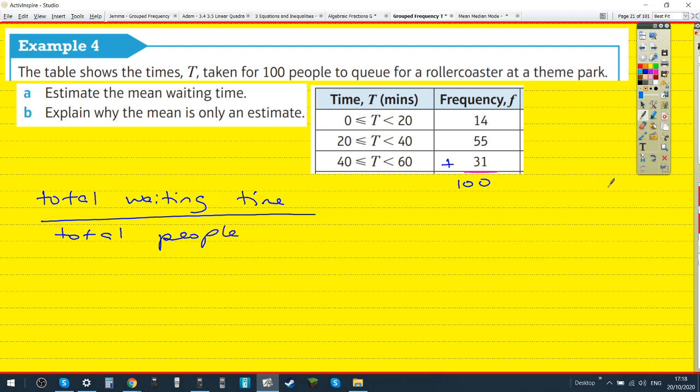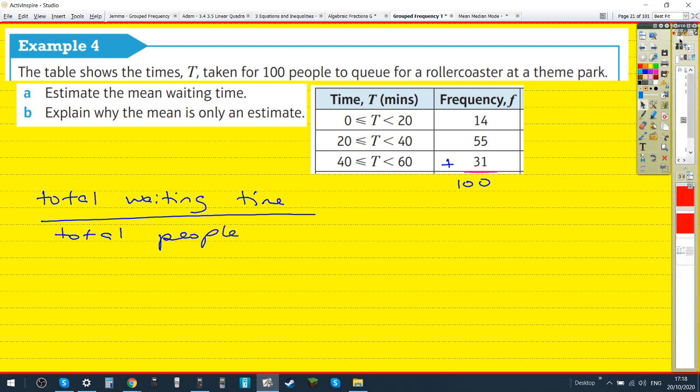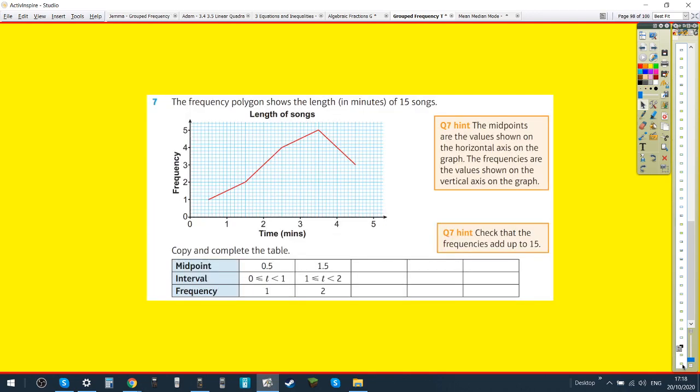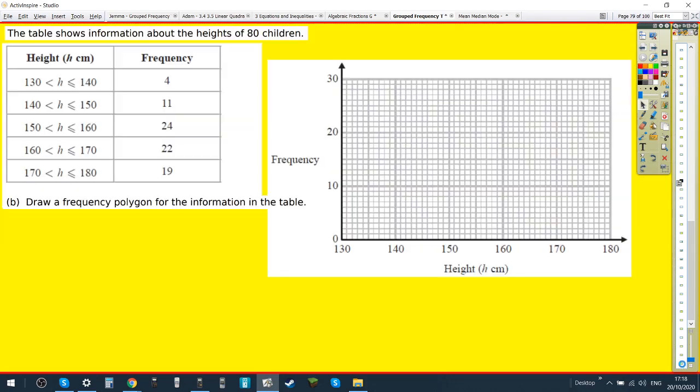I have an idea though. Let me try something. So that's page 21. This one, I didn't know what to do with this, so I stuck it at the end.